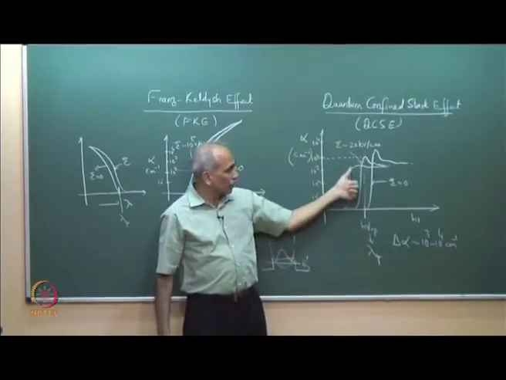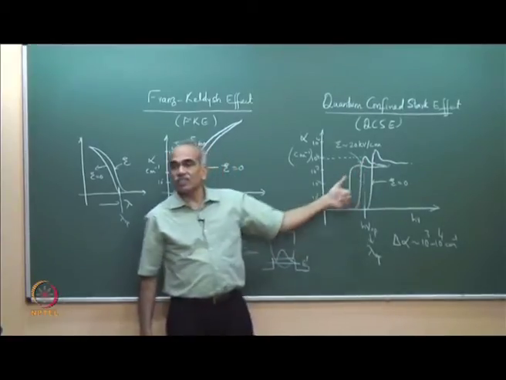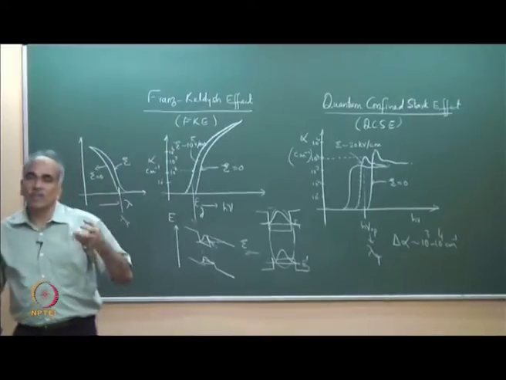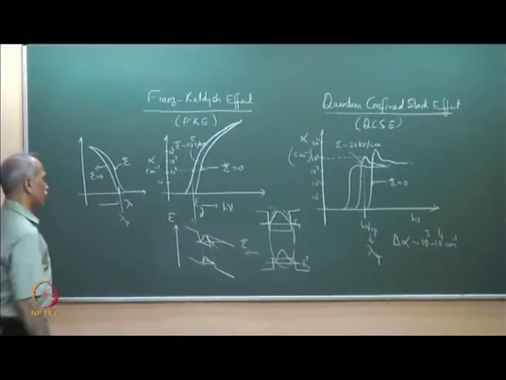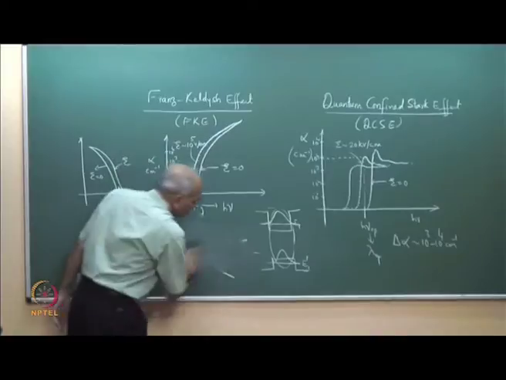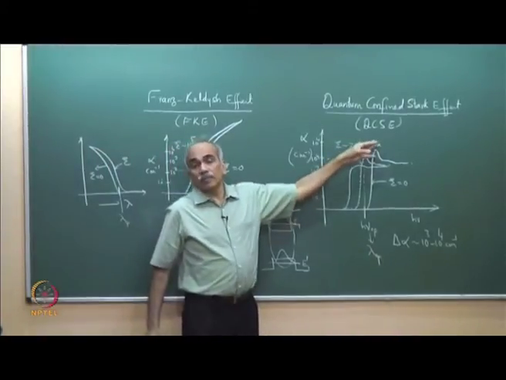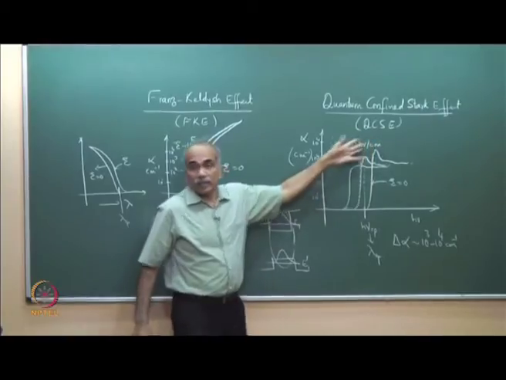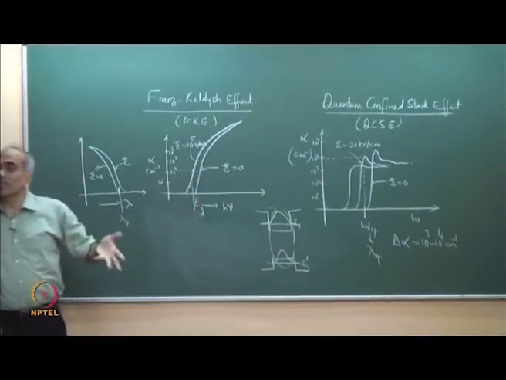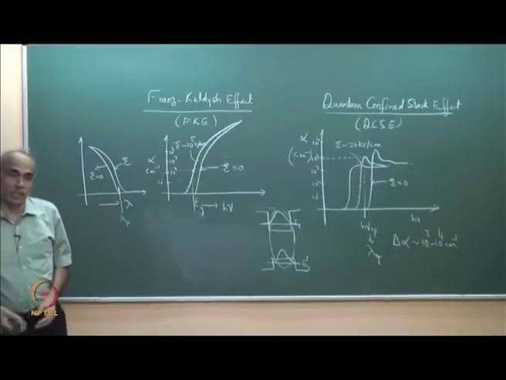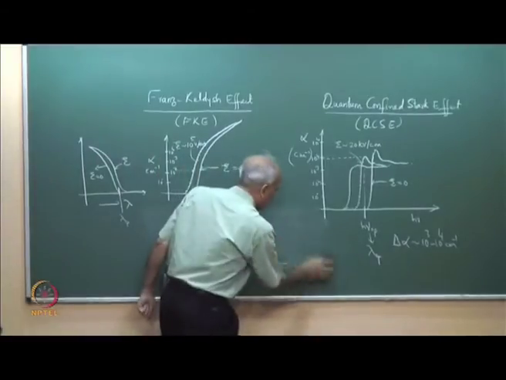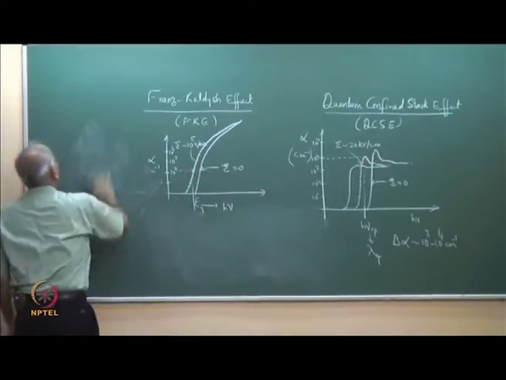If the peak is not there, delta alpha is a little less. So we would like to use the excitonic resonance peak. Today we will see how to apply the 20 kilovolt per centimeter or 10 kilovolt per centimeter electric field, and what the device configuration is.